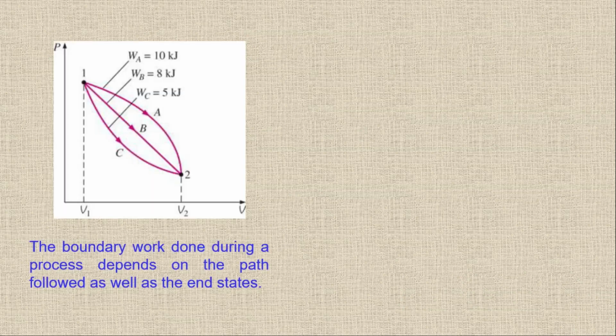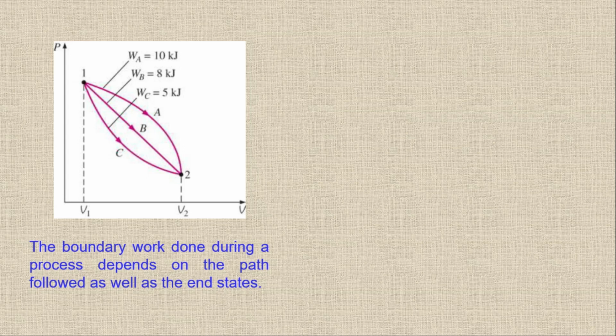Moving forward, here if you can see, we have a PV diagram. Here we have an expansion process between state number 1 and state number 2. But in all these three cases, the system is following different paths. We have A, B, C, different paths.